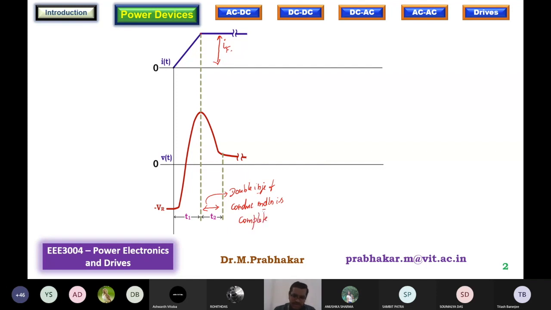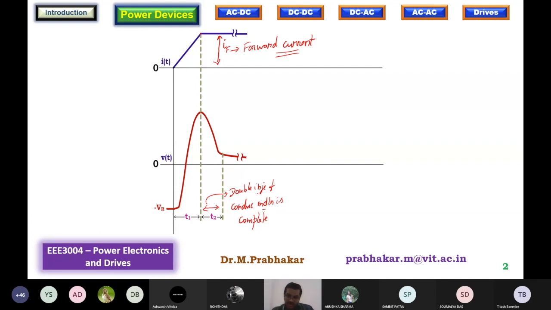And IF is the forward current that the diode is going to carry, the forward current which flows through the diode as demanded by the load.